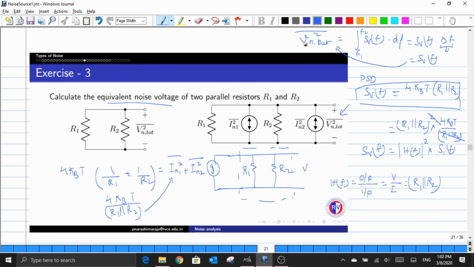So now that we got the variance value, the RMS value is just taking a square root of this. That's it.